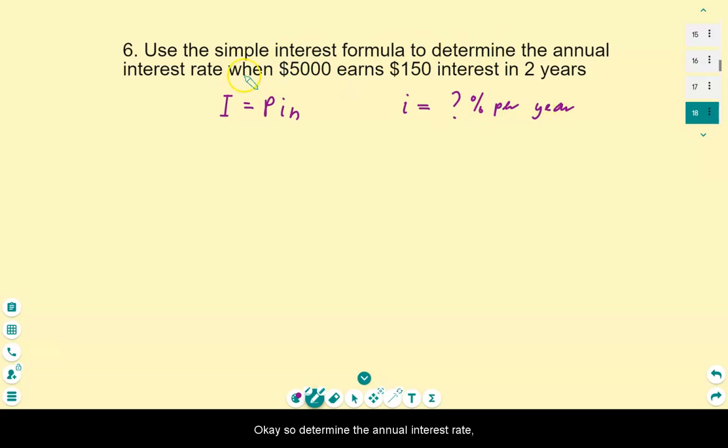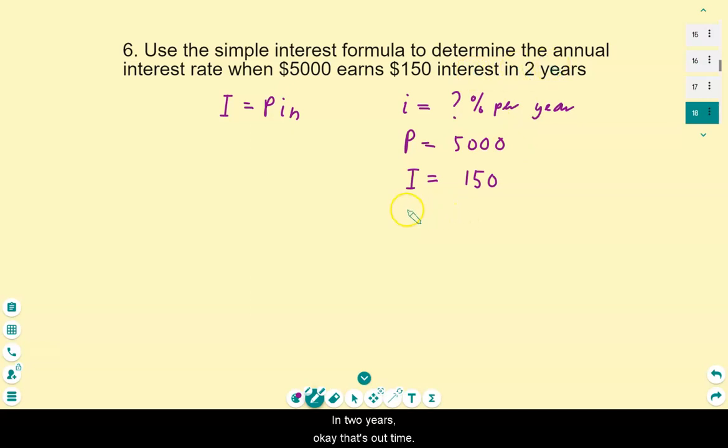Okay, so to determine the annual interest rate, when $5,000 earns $150 interest in 2 years. So when $5,000 earns 150, that's our principal, it's 5,000. It earns $150 interest in 2 years. That's our time, 2 years.